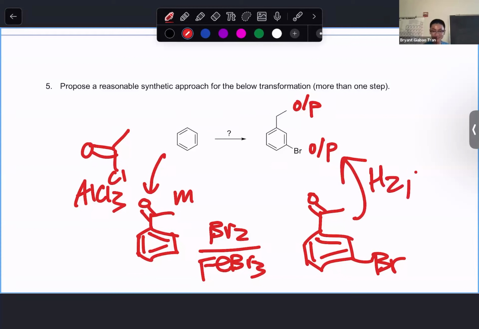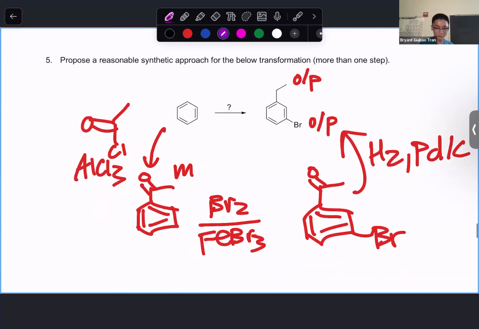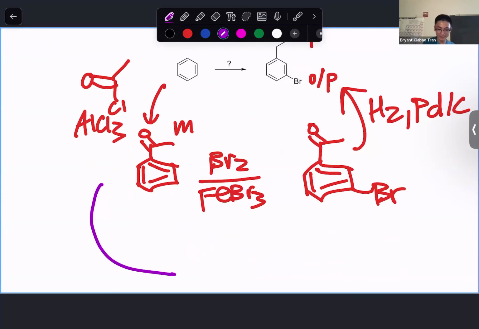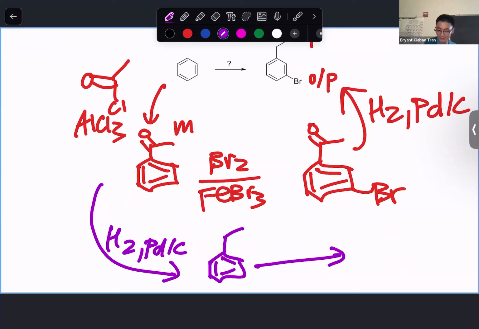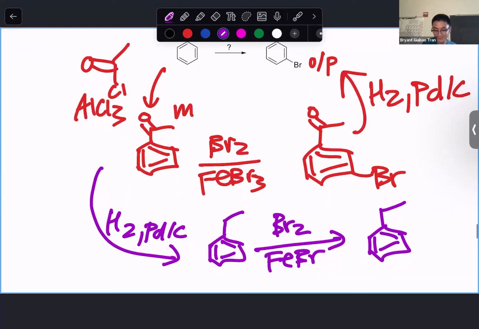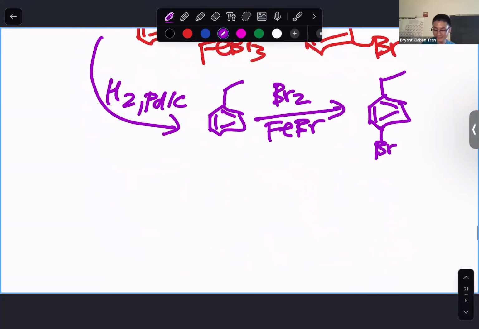Yeah, H2, Pd/C to reduce that carbonyl into the alkyl group. Nice. The order matters here because this wouldn't work if you try to flip it, like do H2, Pd/C first, and then bromination. What would you get instead? Para or ortho, but para major. But that's not what we want in the product. So the order in these reactions matters a lot.